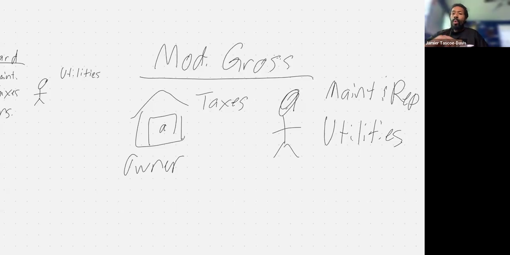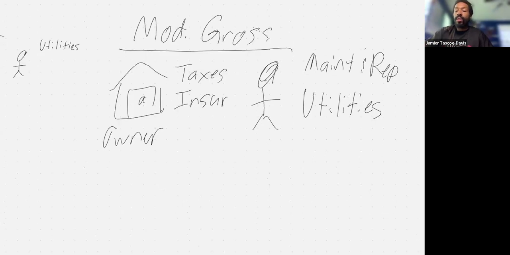We're paying mainly for the building itself, and then the owner and the tenant, as I said earlier, can negotiate. They can say, okay, based on my business's needs, we need this.